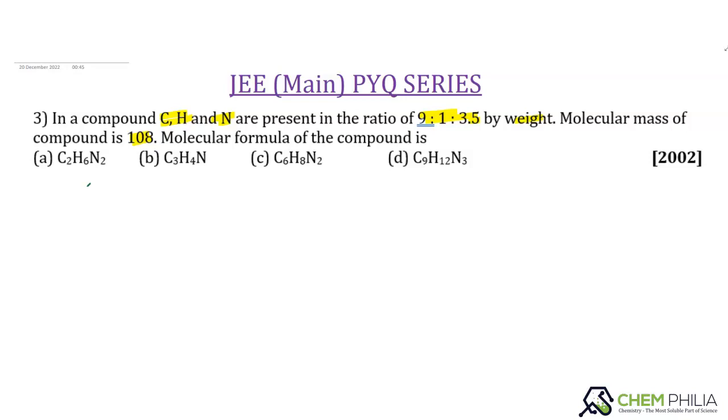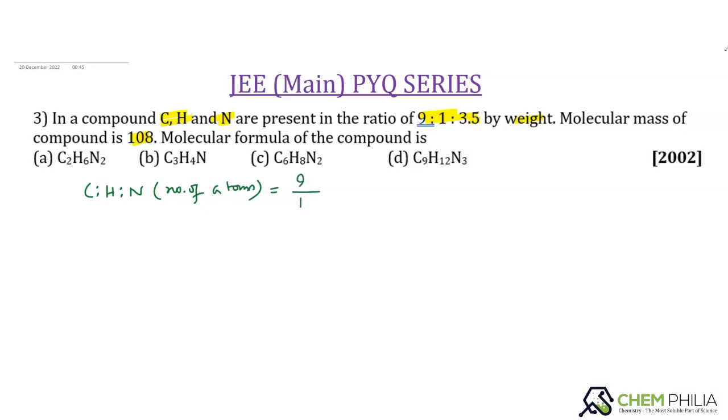First of all, let us find out the empirical formula. Now empirical formula means the ratio of number of atoms of the elements. And how are number of atoms calculated? It's very easy. Mass by atomic weight. So what is the ratio of mass of carbon?